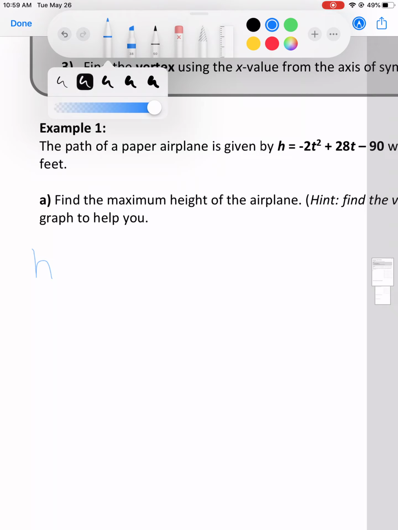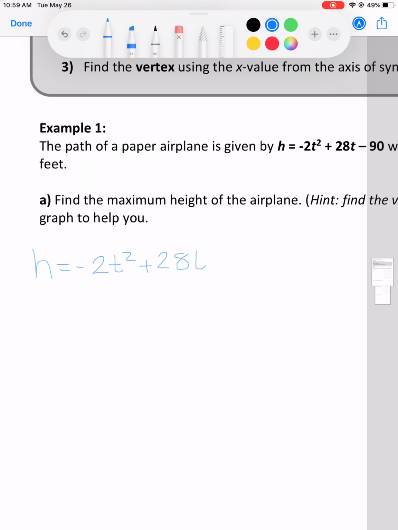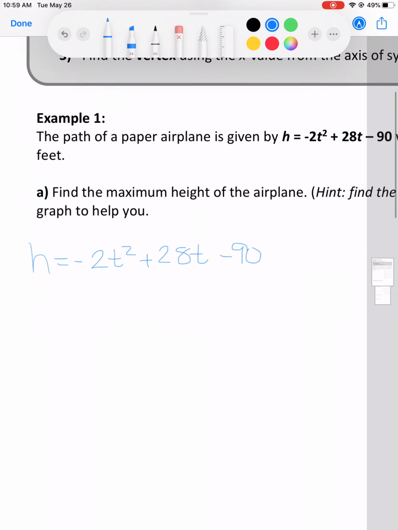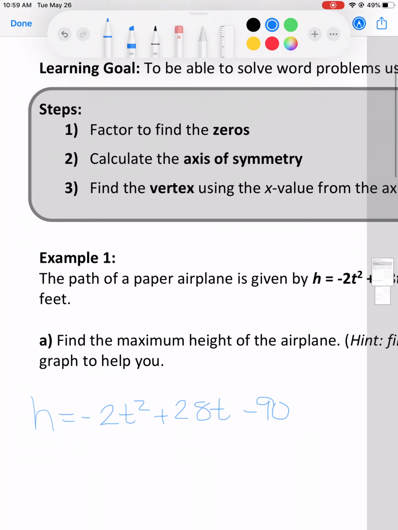Okay. H is equal to negative 2t squared plus 28t minus 90. Okay, so it says factor to find the zeros. Okay, so we need to factor first.